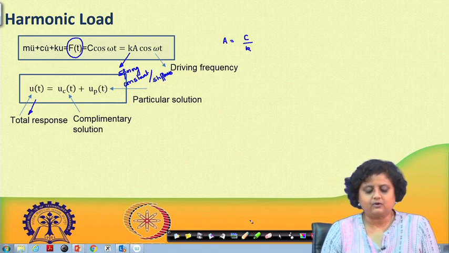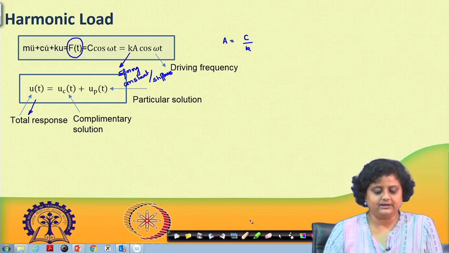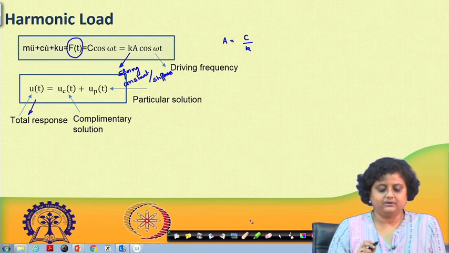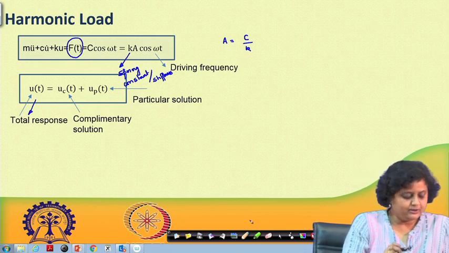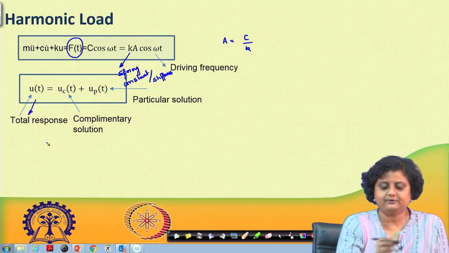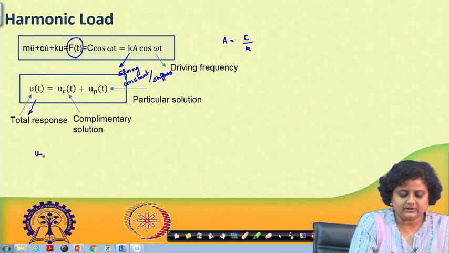So, let us now try to find out what u c t and u p t are going to be for this particular case. Let me first write this equation in the conventional form that we have been doing all this time.